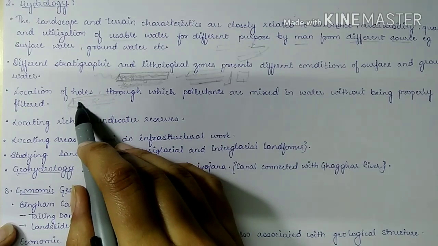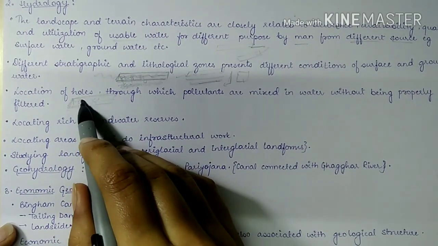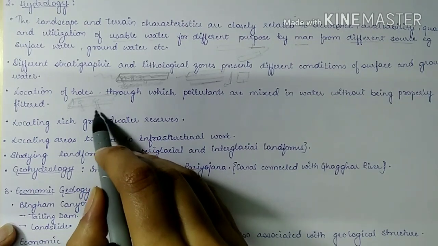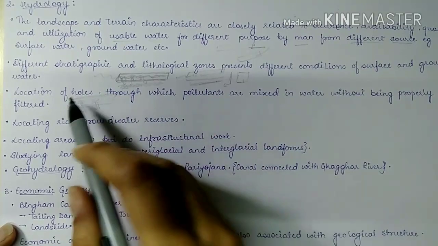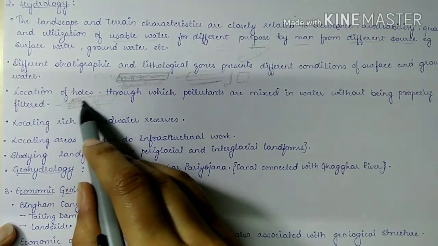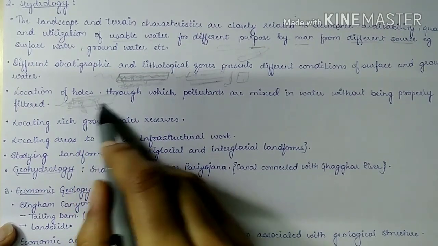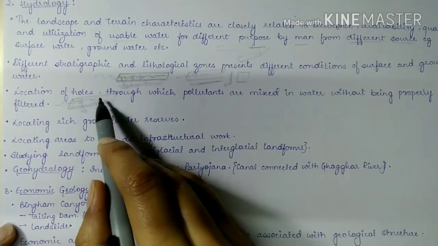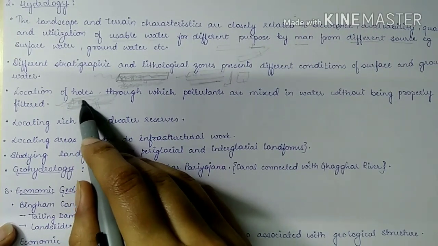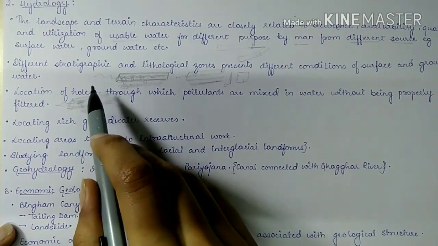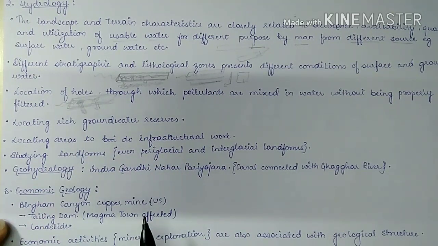These holes are covered by sandstone, and sandstone is non-porous, because of which the pollutants are not allowed to penetrate any further. The water gets filtered because sandstone is a natural filter. The pollutants remain on the top, and the fresh water goes inside.